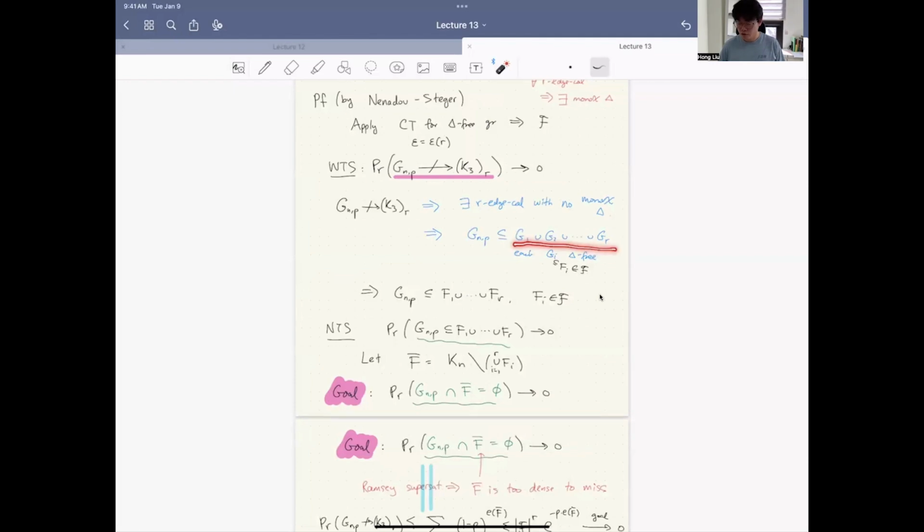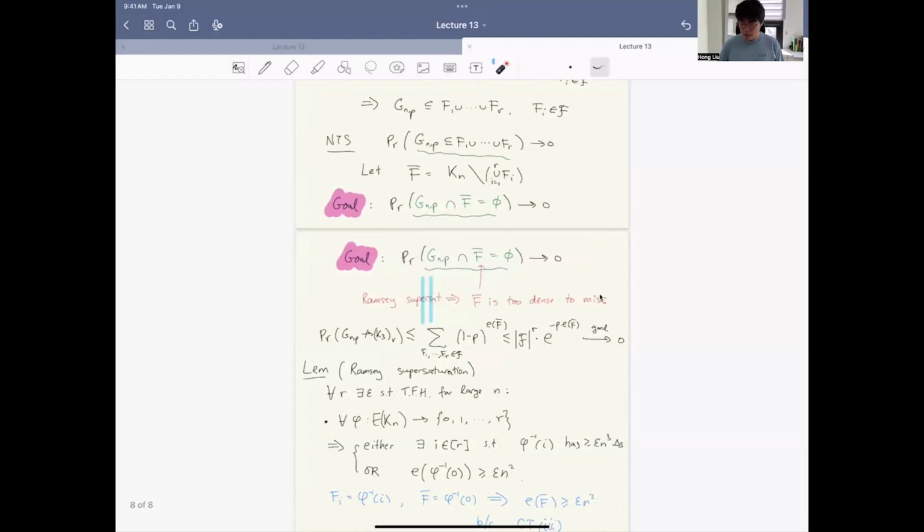But the union of r triangle-free graphs is contained in r-tuples of containers. What does it mean to be contained in the union of r graphs? That means it has no intersection with the complement of this union.